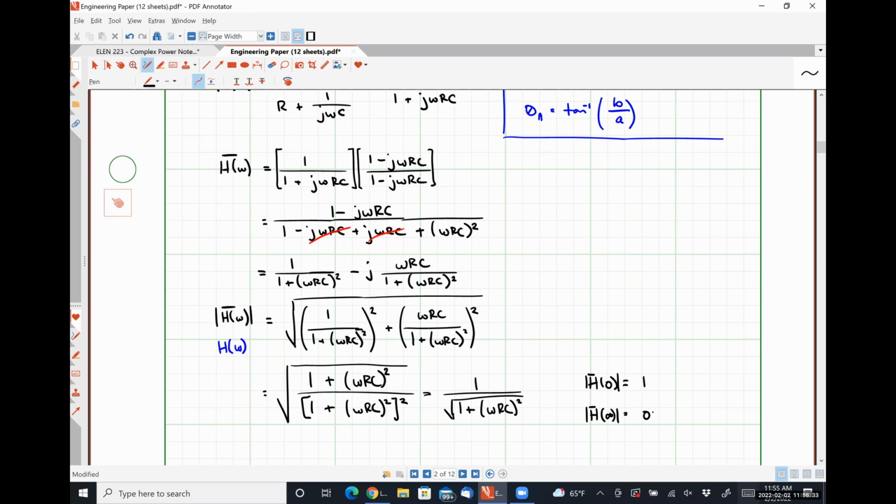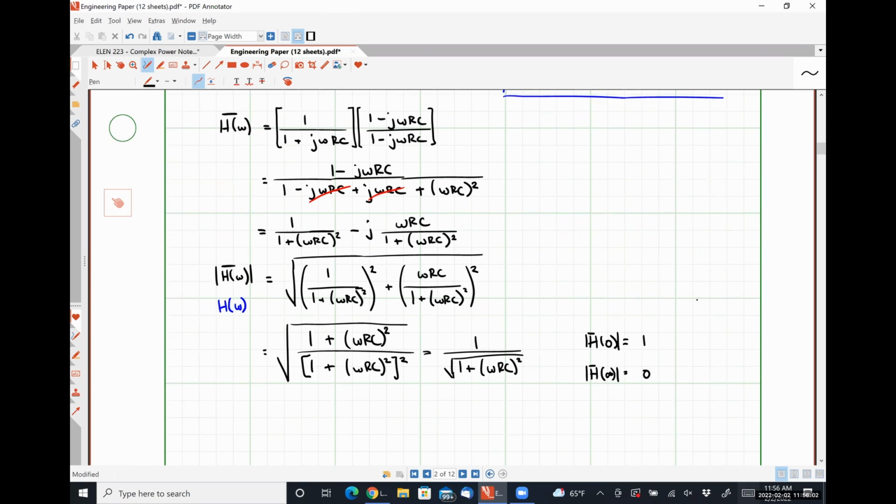Power is related to the voltage squared. Since we are looking at this transfer function in terms of input and output voltages, that half power corresponds to a reduction in magnitude of 1 divided by the square root of 2, right? Because if we squared the voltage, 1 over square root of 2 times 1 over square root of 2 would give us half power, okay?